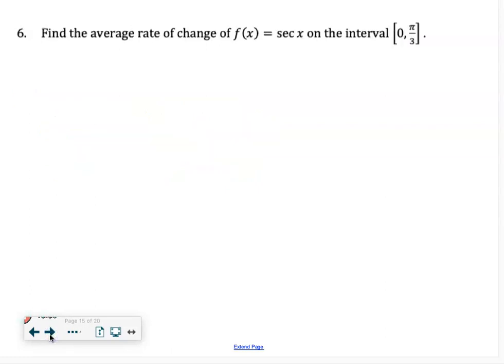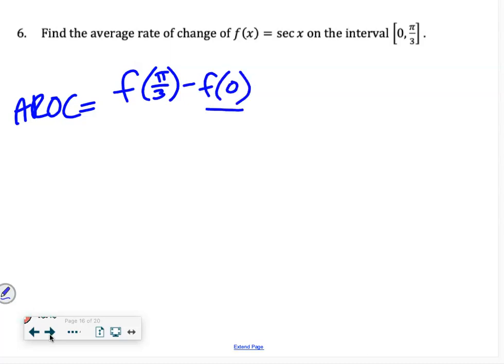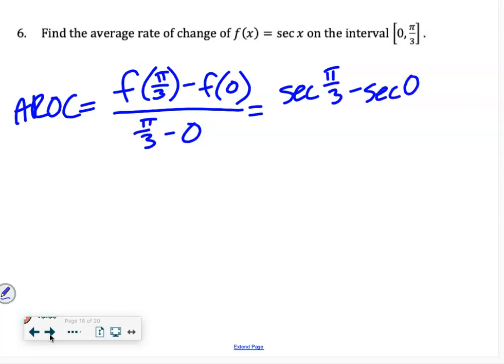Average rate of change. So you have F of pi thirds, a lot of trig, over pi thirds minus 0. So I'm going to write it out again. Secant pi thirds minus 0 over pi thirds minus 0.